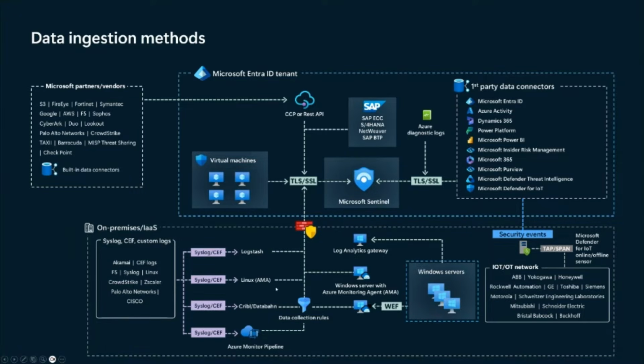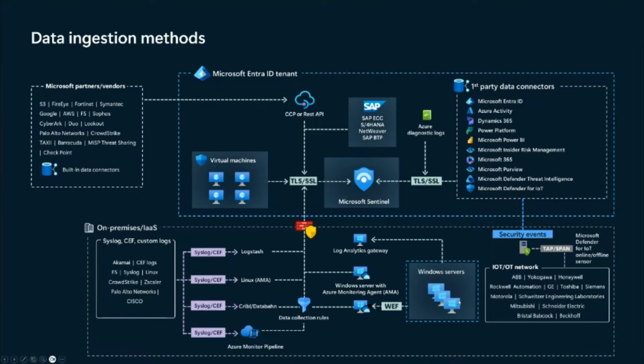So that's the Linux side of the equation. If we take a look at the Windows side, we also have the Azure Monitor agent for Windows servers. You can install that on your VM or on your machines and send that data into the Sentinel workspace.